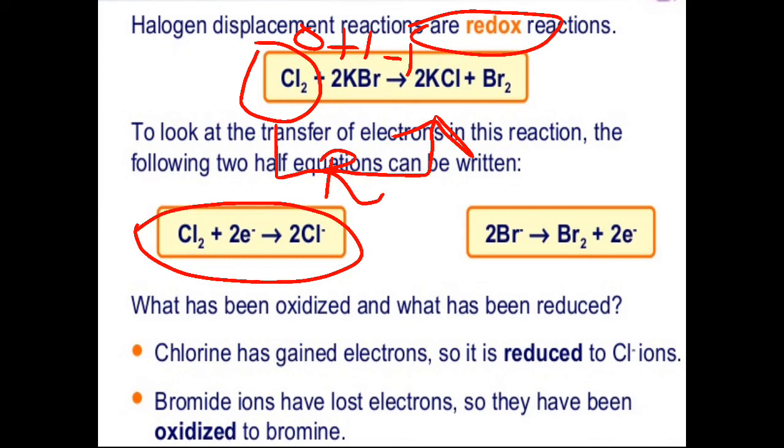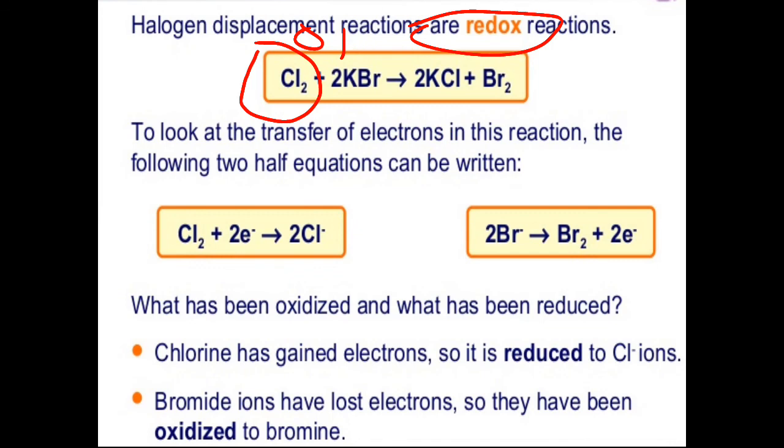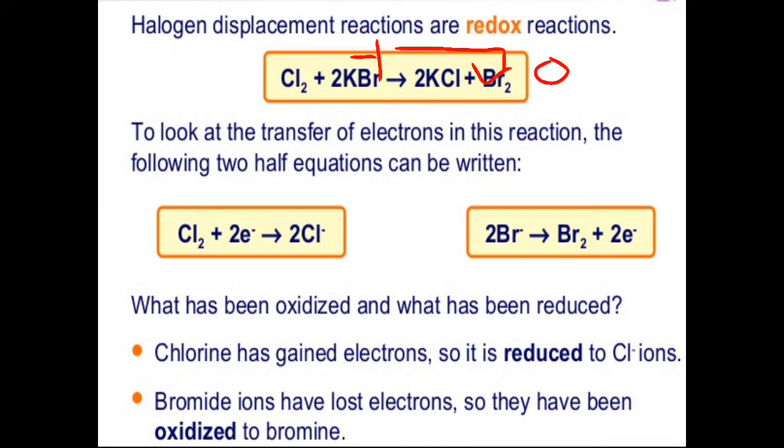But when we see the change of oxidation state with bromine, before reaction bromine was -1, and by losing electrons it turns into oxidation state 0 because bromine is released in the elemental, neutral state. So this change is oxidation.